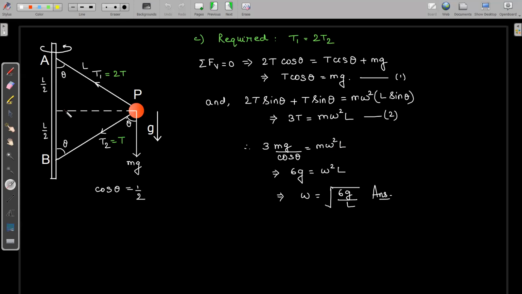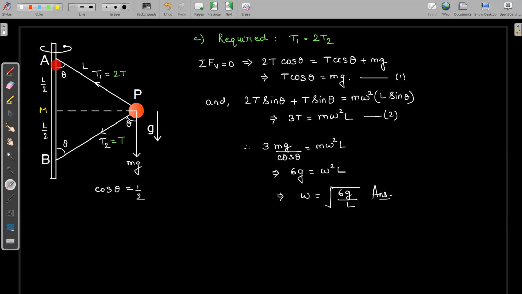Now, since this radius, you can see that this angle is theta, this length AP is L. And if this is point M, this AM distance will be L by 2. This distance will also be L by 2 because the string BP is not slack. So if this string BP is not slack, in that case this triangle will be an equilateral triangle, right?